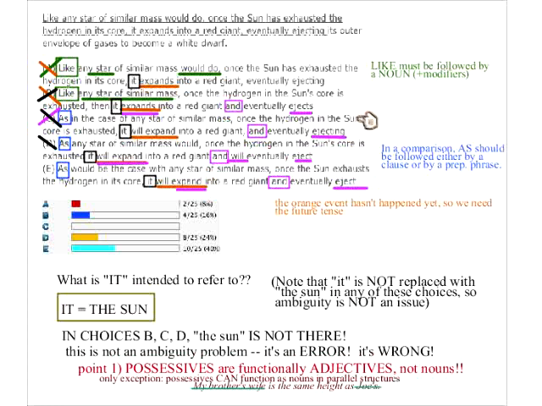So for example, the sun's here counts as an adjective that modifies core. But the much more important point, which is point 2, is that if the intended antecedent is not even there, then don't bother to assign a pronoun.